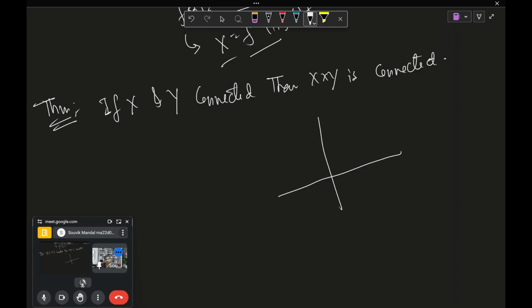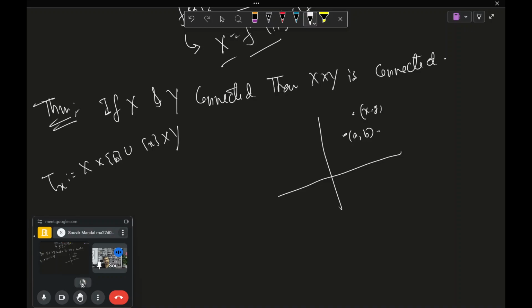So start, choose any point x and y, and consider any point (a, b). Define T_x to be X cross singleton b, union singleton x cross Y. So what is T_x?